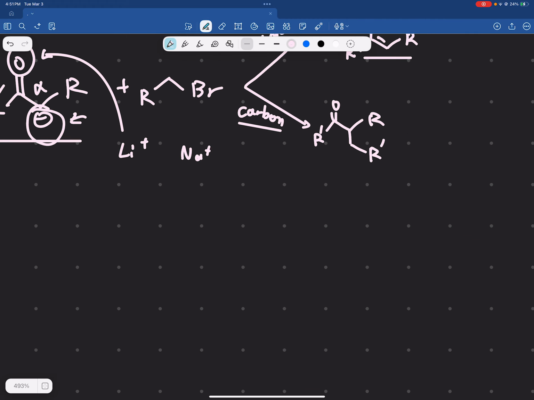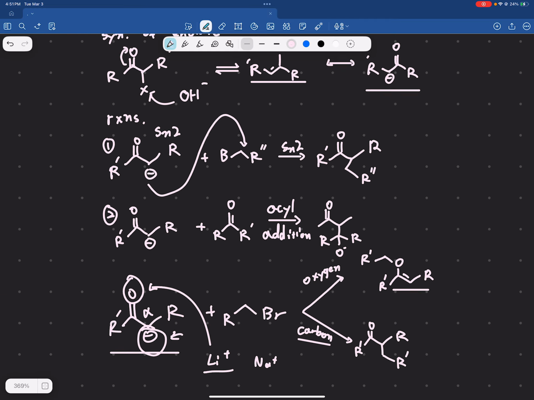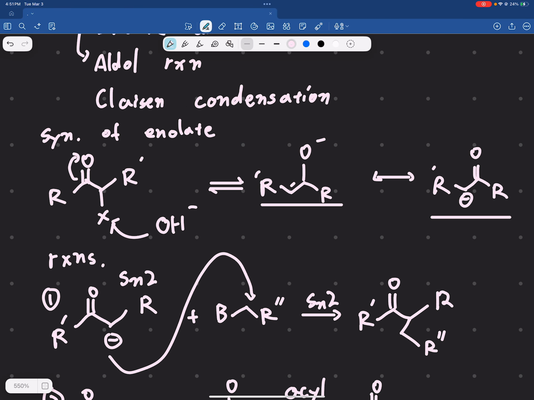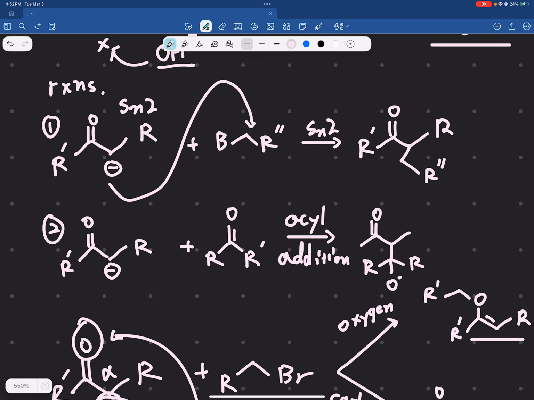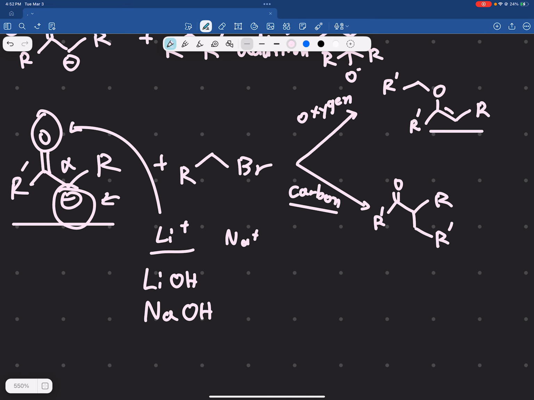So how this works is that these counter ions, these ions that you will probably get from the formation of an enolate itself, you can't just have an OH, so it either has to be lithium OH or sodium. So these ions result from the formation of an enolate, and these ions will be much more closely associated with this oxygen.